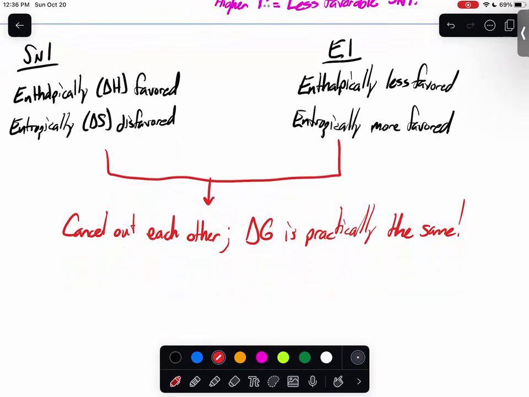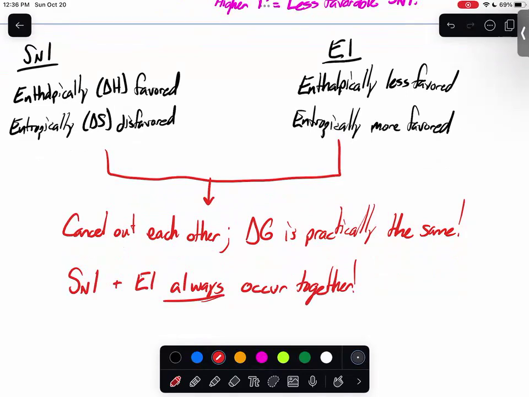That tells us that SN1 and E1 always occur together. All right? They are a pair. If SN1 is going to occur, E1 will also occur. Both products will be found in the solution.